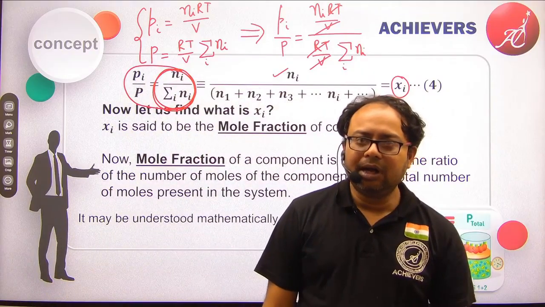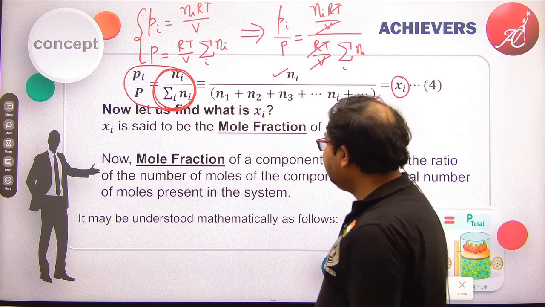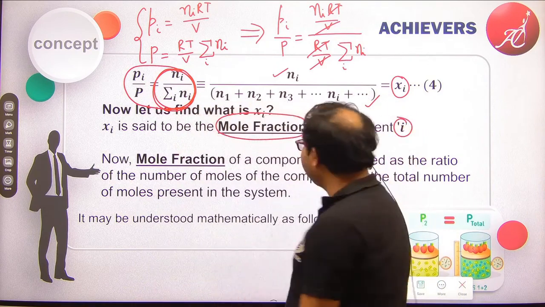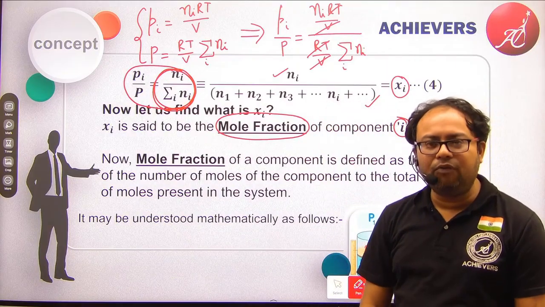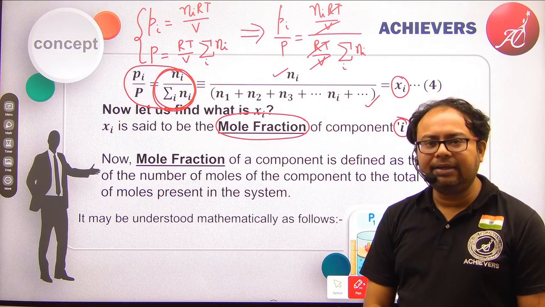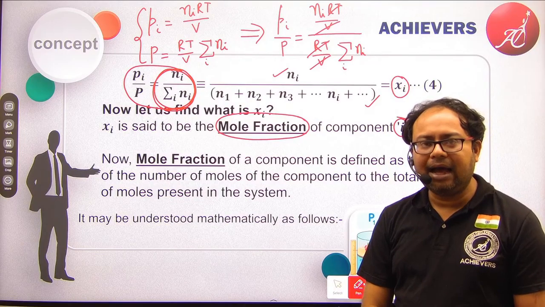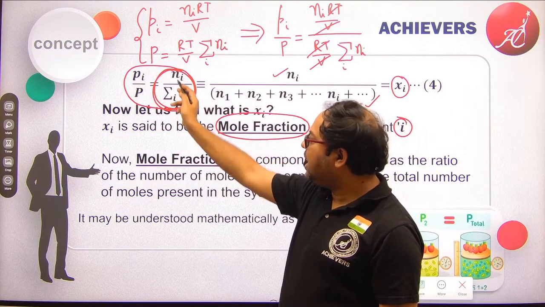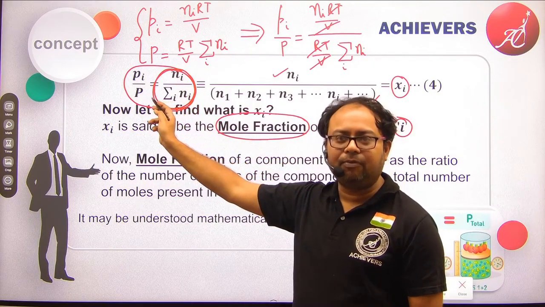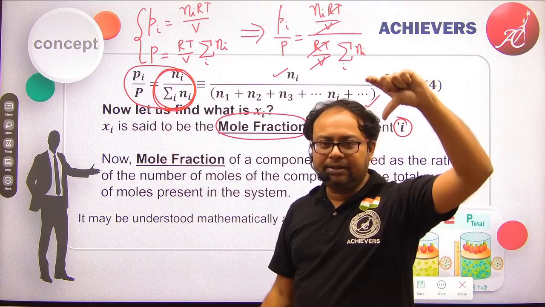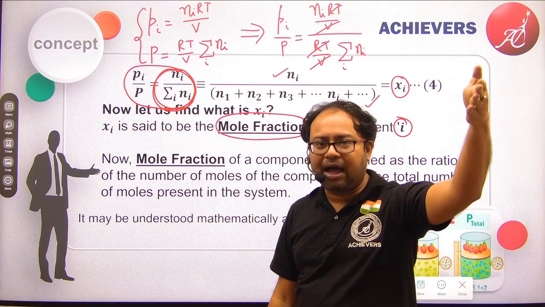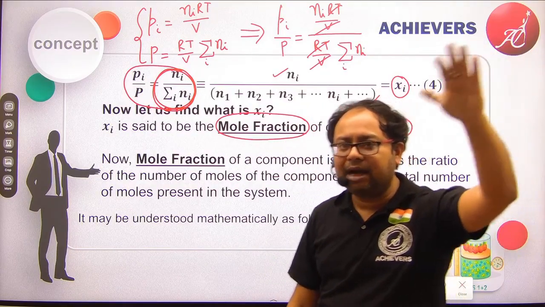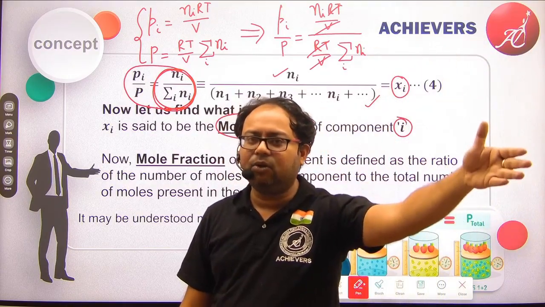Now you have to understand the meaning of xi. Xi is said to be the mole fraction of component I. And how is it defined? It's a fraction. You are taking number of moles of I and dividing it by total number of moles.